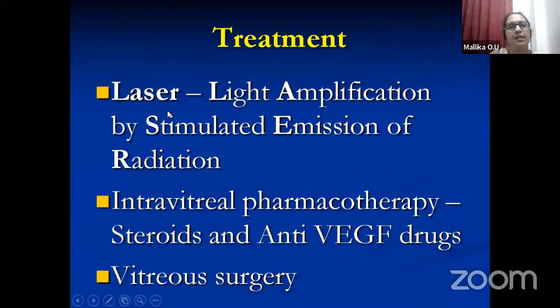So the treatment is laser. I explained the mechanism. The expansion of laser is light amplification by stimulated emission of radiation. And other treatment in cases of neovascularization or proliferative diabetic retinopathy is anti-VEGF, that is anti-vascular endothelial growth factor.